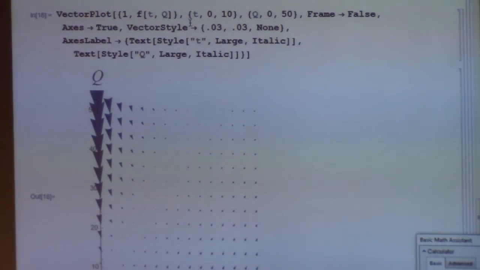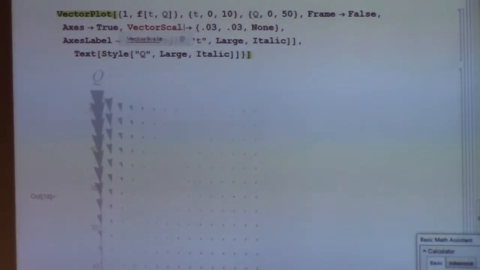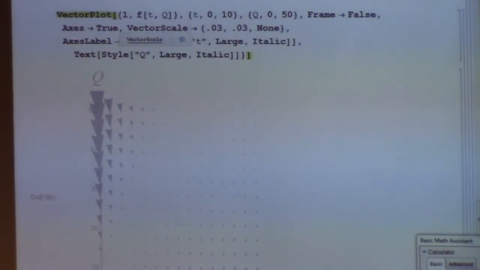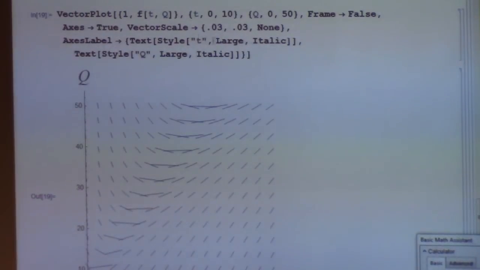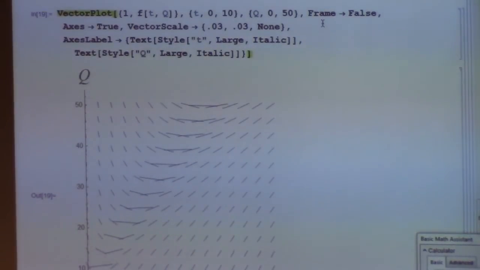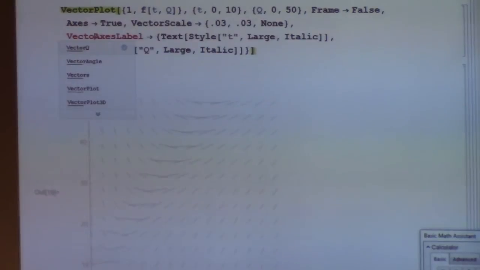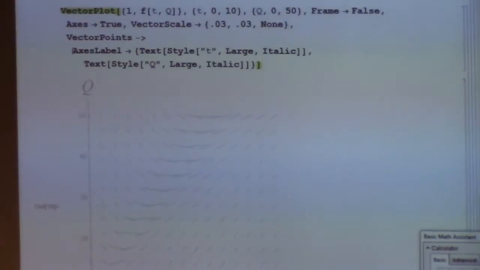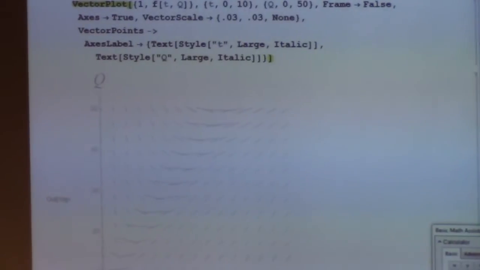That's not good. Oh, it's VectorScale. VectorScale. I always get those confused. There we go. VectorPoints, can make more of them. Again, I think the default here is 15 in each direction. So if we do 20, that'll be more in each direction.